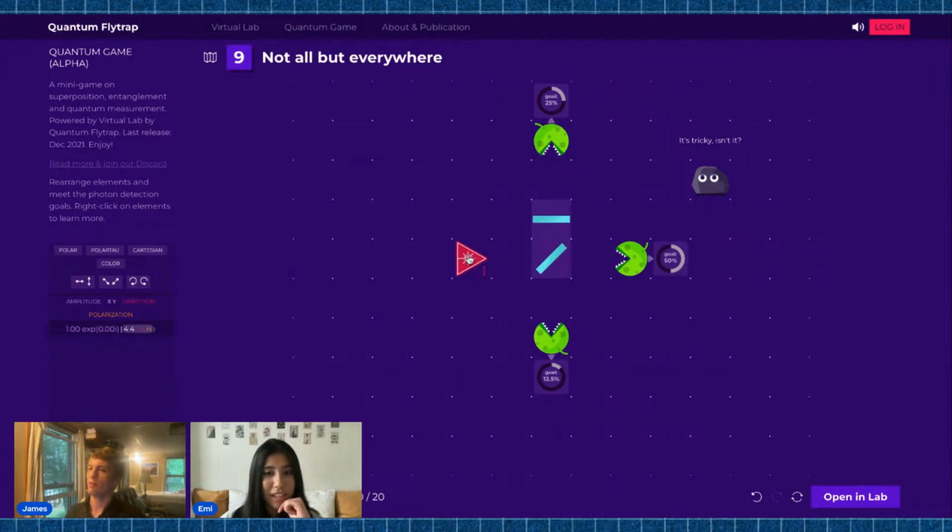The way I read that first slanted one is that it's either going to go right or it's going to go up. Exactly. So if we ignored this completely horizontal non-polarizing beam splitter, then we'd have 50 going right and 50 going up.